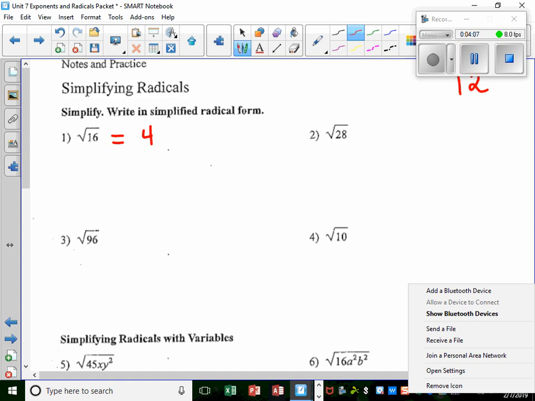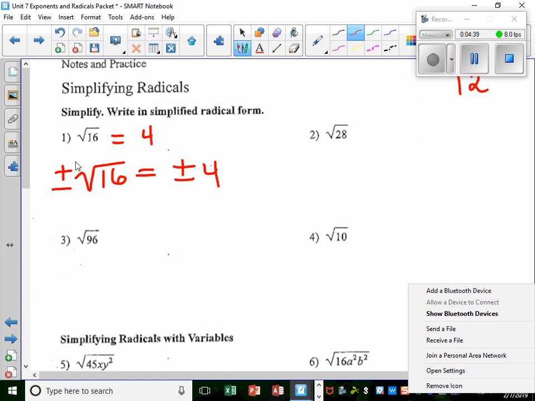Now let me tell you this, if it's written with a plus or minus in it, write this down, that means I want to know what same two positive numbers can you multiply together, and what same two negative numbers can you multiply together. So you would write it positive and negative 4. If you see a plus or minus in it, then that plus or minus carries over to your answer.